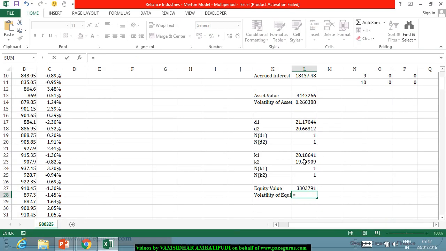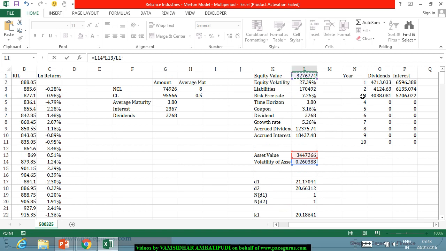So I'll take it as sigma, which is the asset volatility, multiplied by the value of the asset divided by the value of the equity. So I'm multiplying this with ND1.